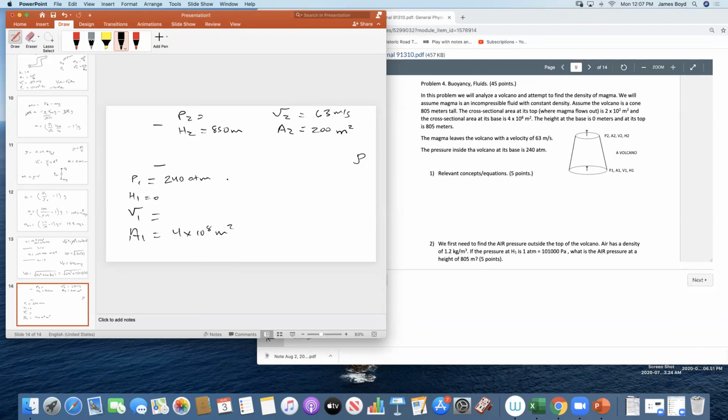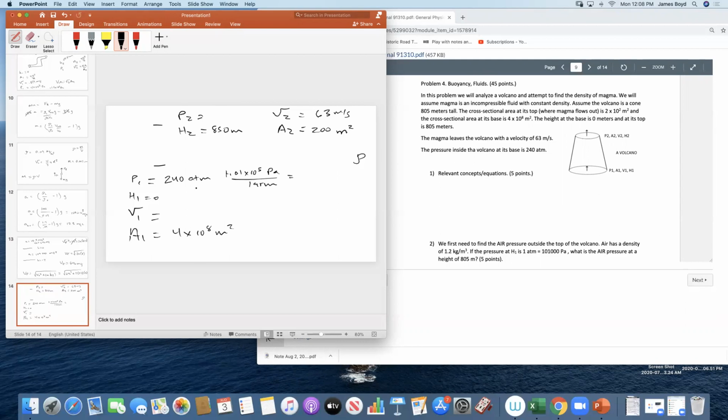So remember that we always have to be in pascals, because pascals are Newtons per meter squared, force over area. So the conversion rate here is 1.01 times 10 to the 5th pascals in 1 atmosphere.